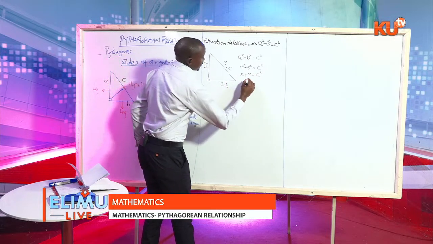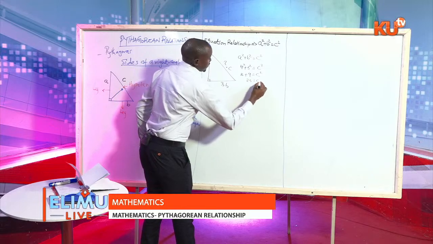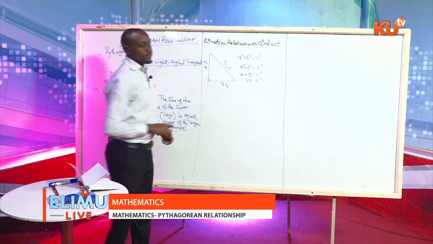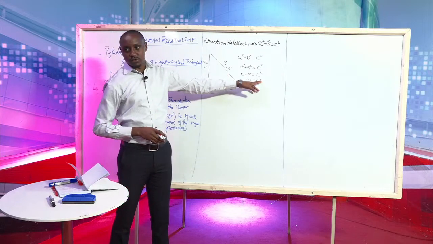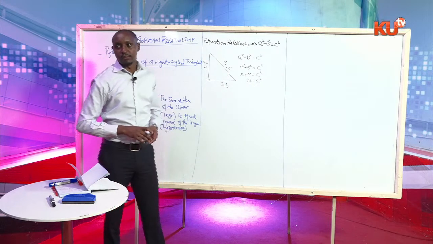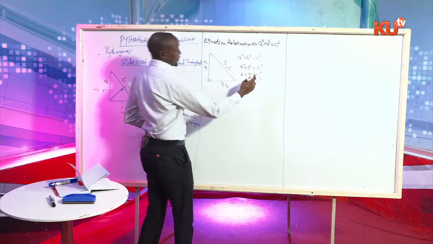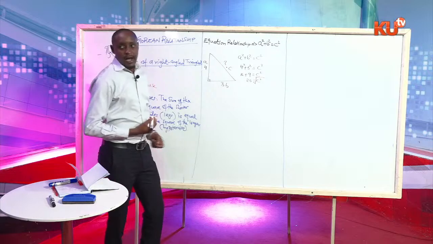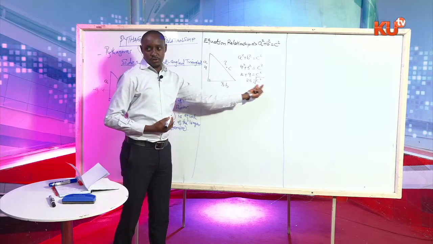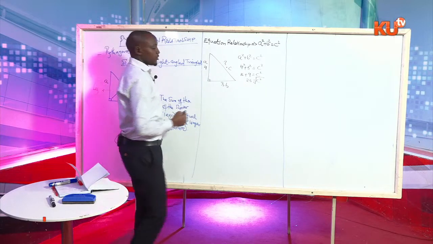16 plus 9 is 25, so C squared is equal to 25. What we want is C minus the exponent 2, or what we call the power. So for us to remove the power or the exponent, we have to take the square root. And what you do to one side of the equation, you must also do to the other side of the equation.